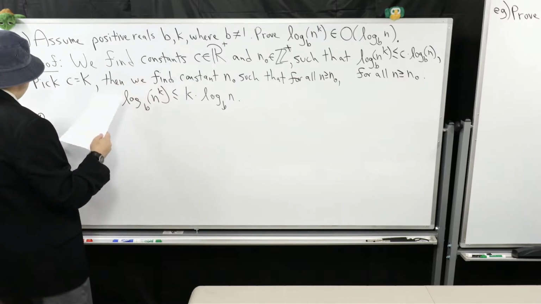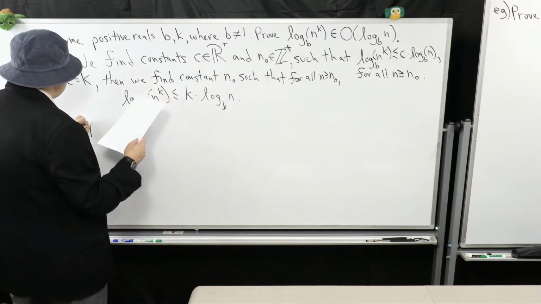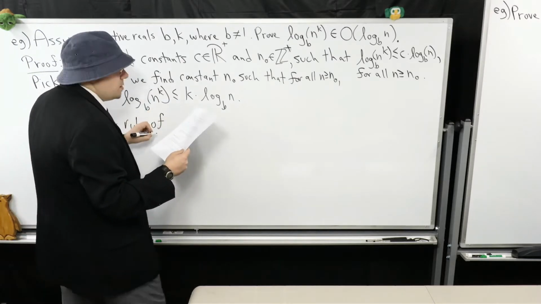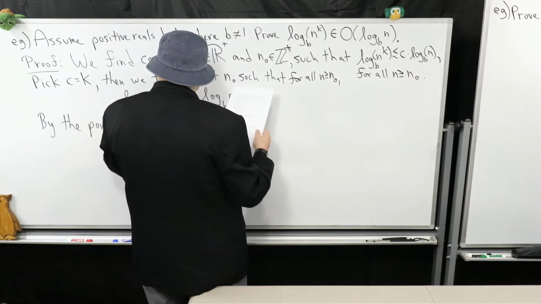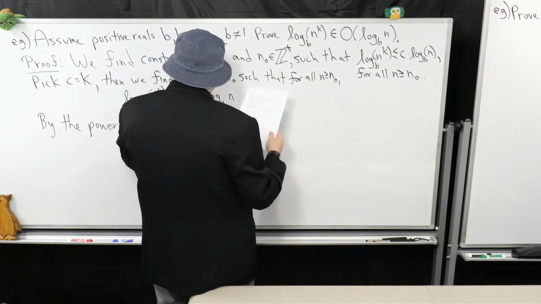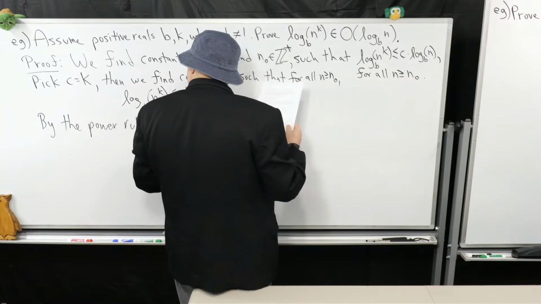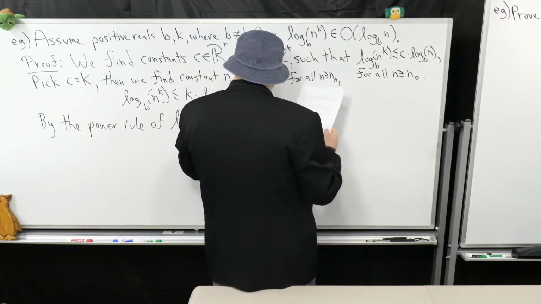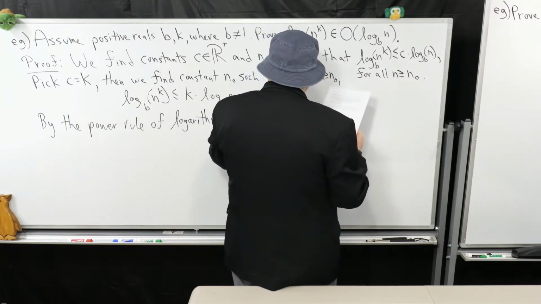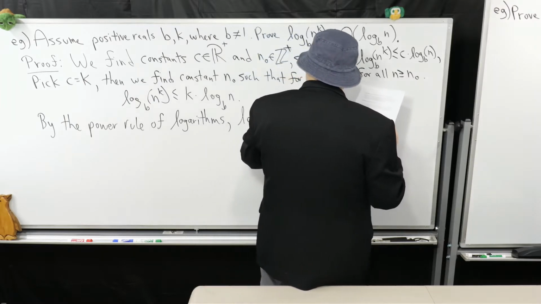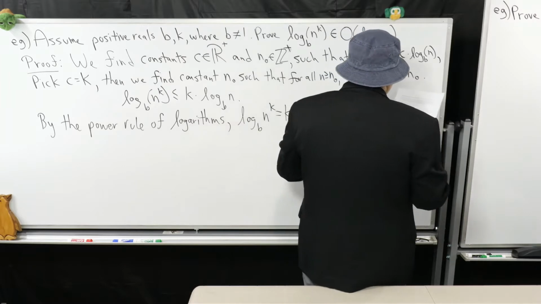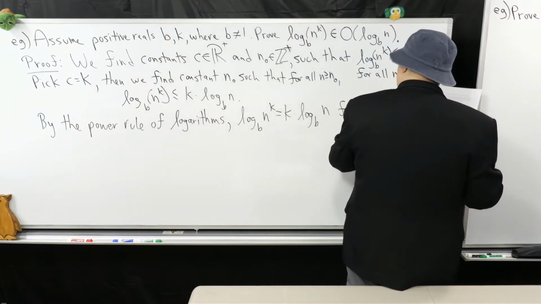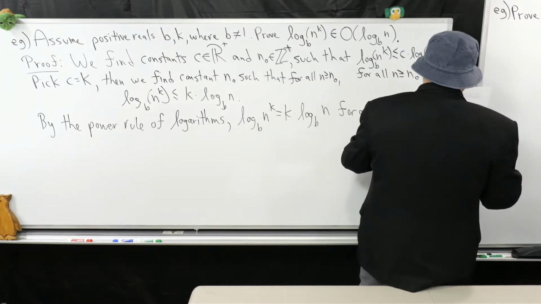So by the power rule of logarithms, we know that log base b of n to the k is equal to k times log base b of n for all n greater than or equal to 1.